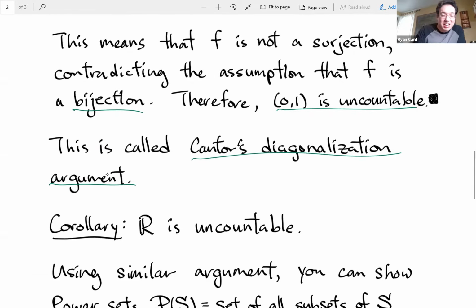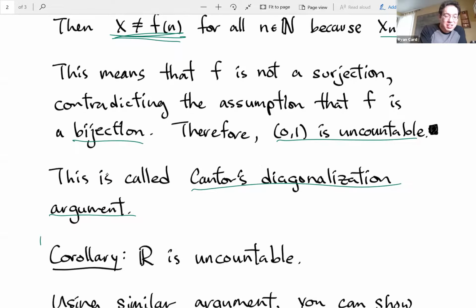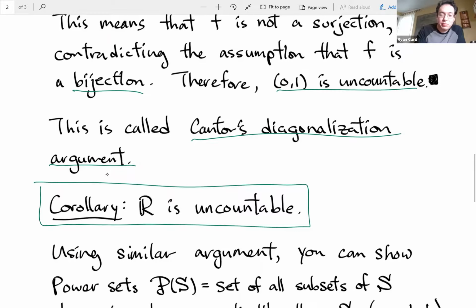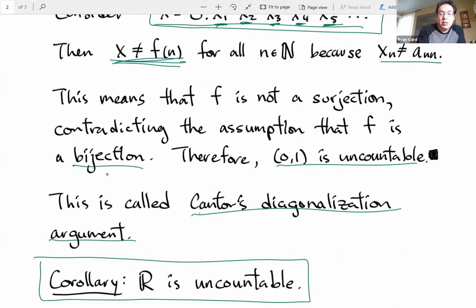Anyways, this means that the set of real numbers is uncountable too. If 0 to 1 is uncountable, the set of real numbers is even bigger than that, so it has a larger size than the natural numbers. And in fact, you can generalize this diagonalization argument.